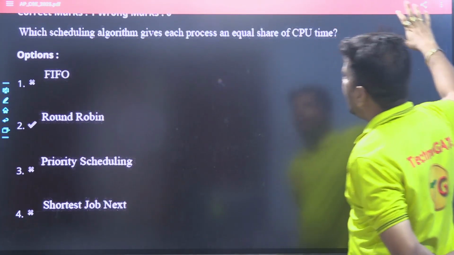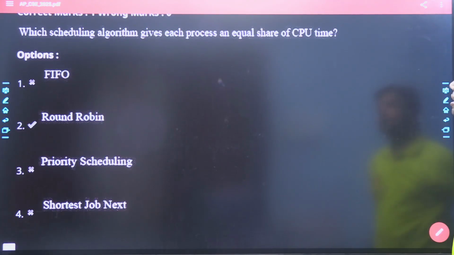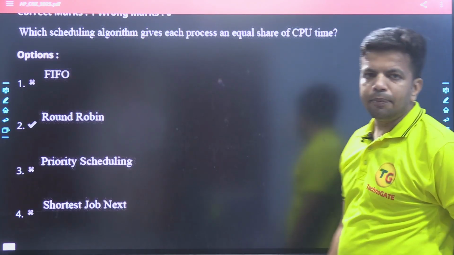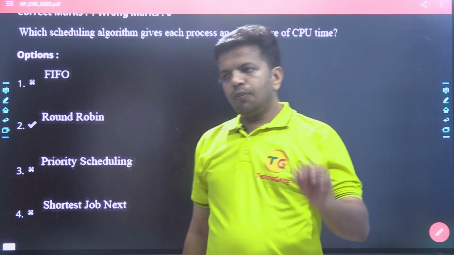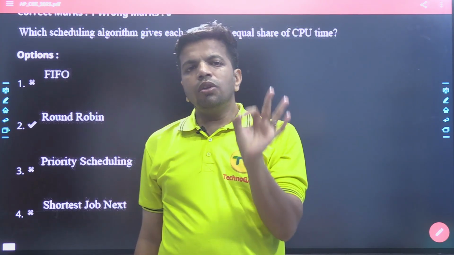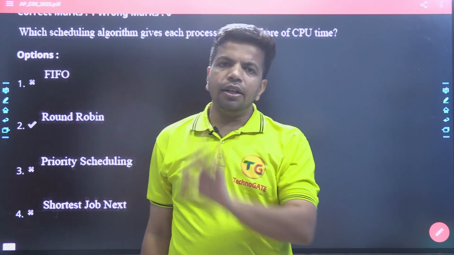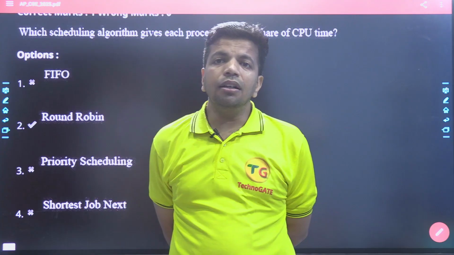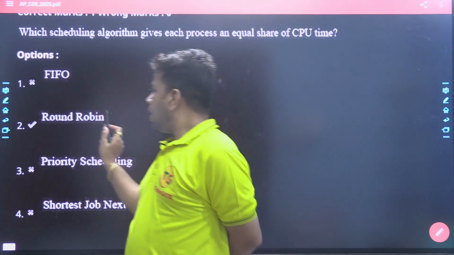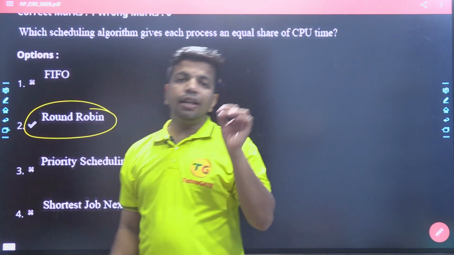Which scheduling algorithm gives each process an equal share of CPU time? That is the time-shared task, done by the round robin algorithm. In round robin algorithm there is one time slice.